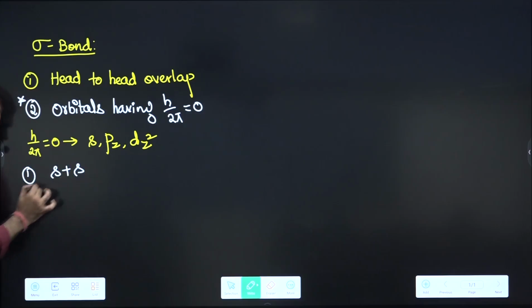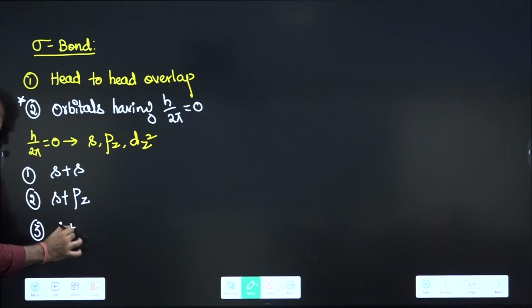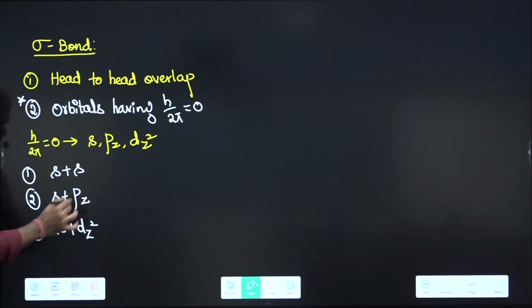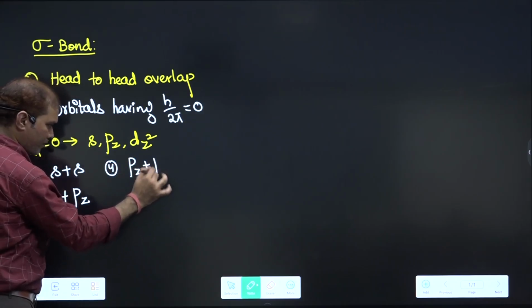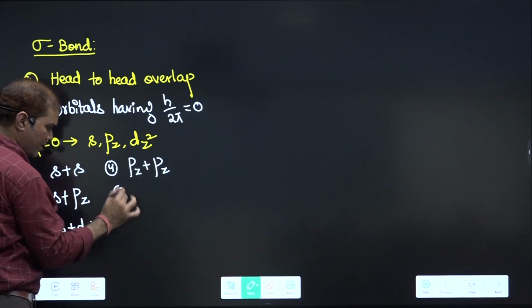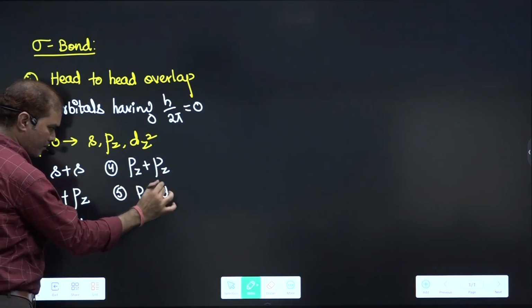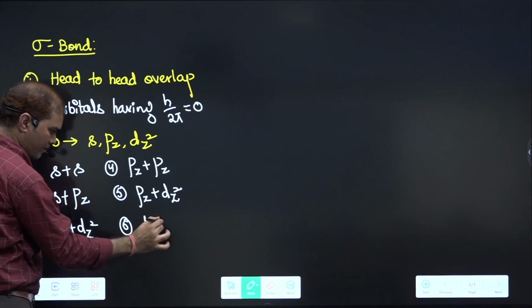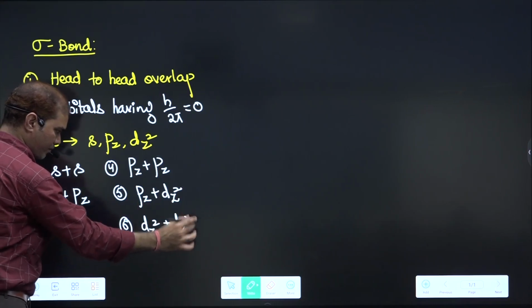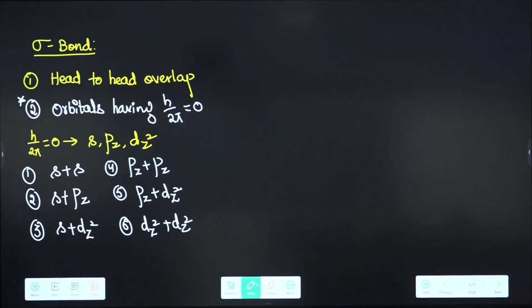S plus S, S plus Pz, S plus dz square, Pz plus Pz, Pz plus dz square and dz square plus dz square. All these combinations can give you sigma bond.